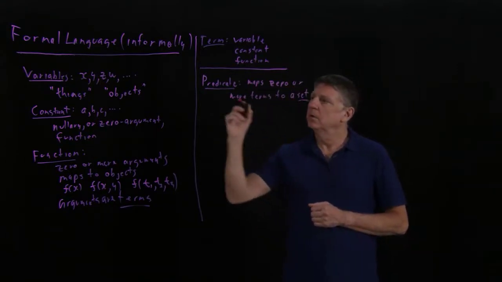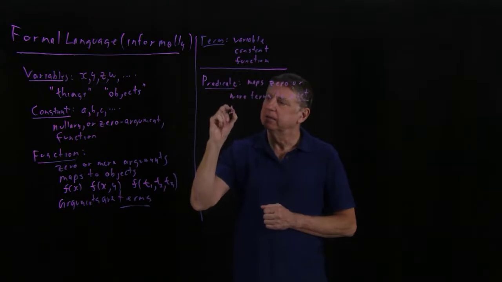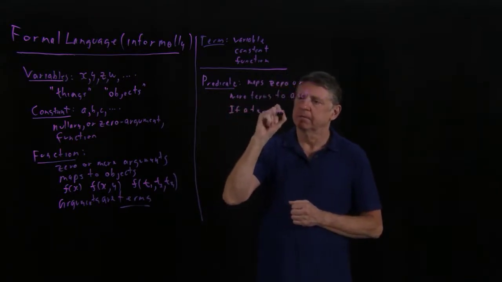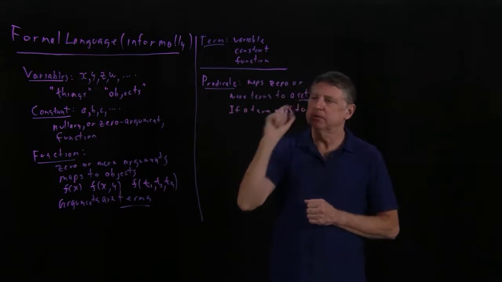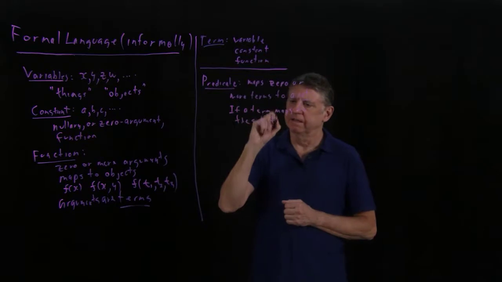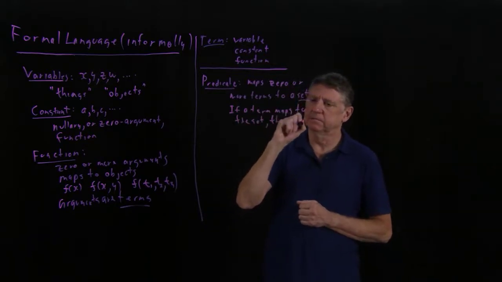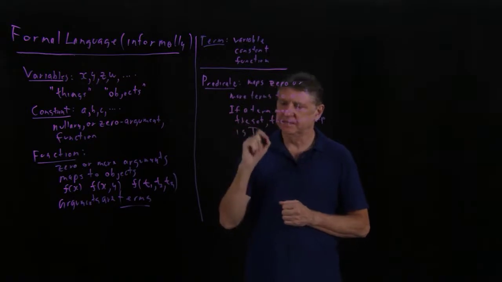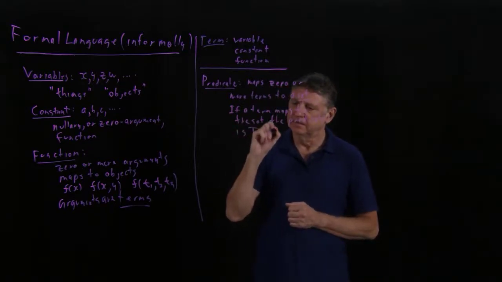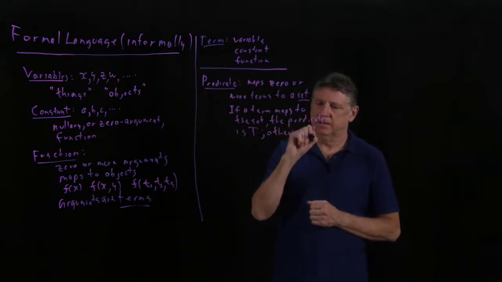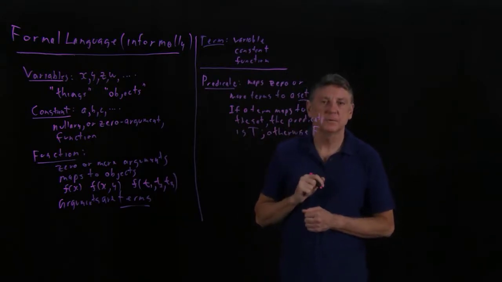Now, that means that if a term maps to the set, we'll say the predicate is T, and otherwise it's F, false.